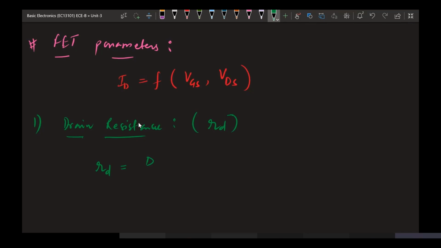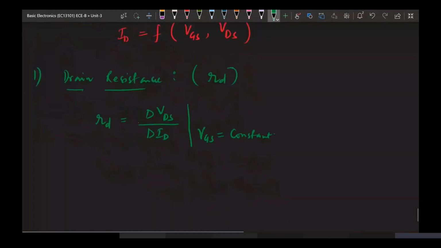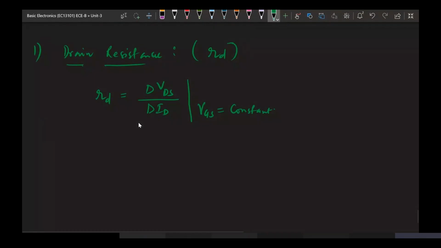Output resistance is the relation of output voltage and output current. So RD is defined as the change in VDS, the output voltage, divided by the change in ID, the output current. This is defined for a fixed value of VGS, so VGS is constant.